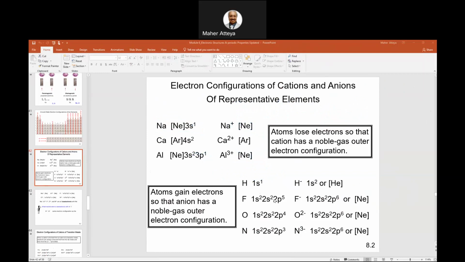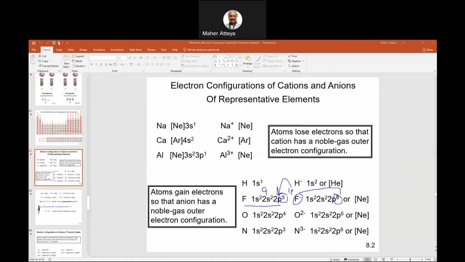Fluorine by itself, atom, this is the fluorine. Six.